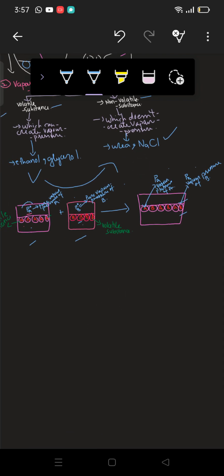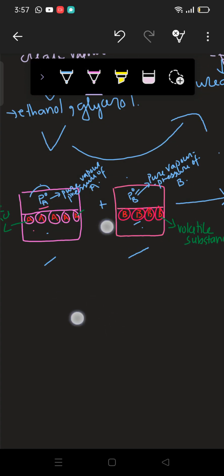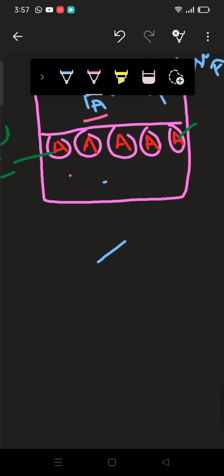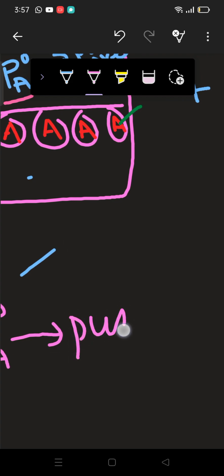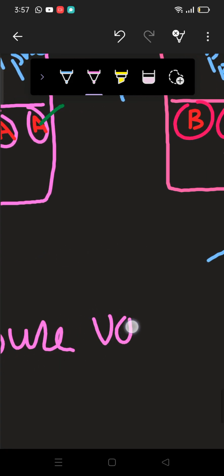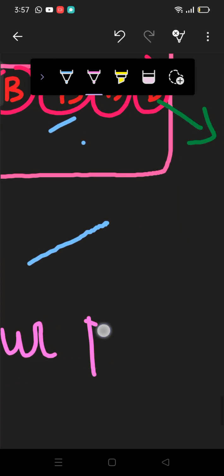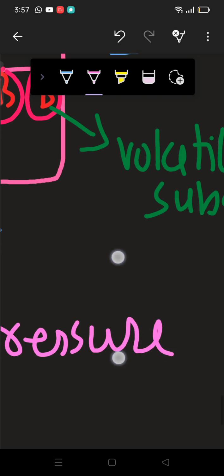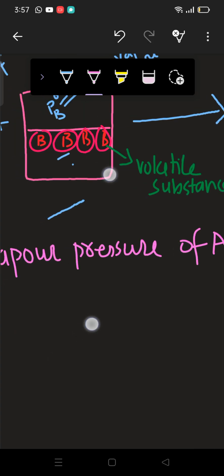Now we are going to apply Raoult's law. You need to remember this. What we represent the pure vapor pressure of A with, P naught of A, which represents the pure vapor pressure of A, right?